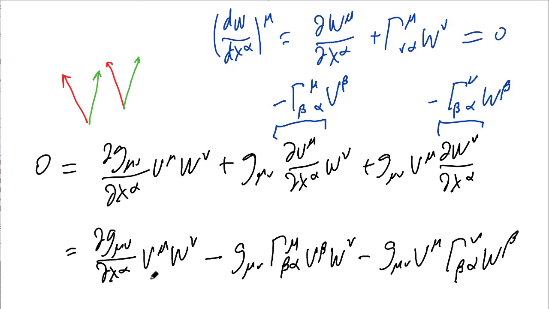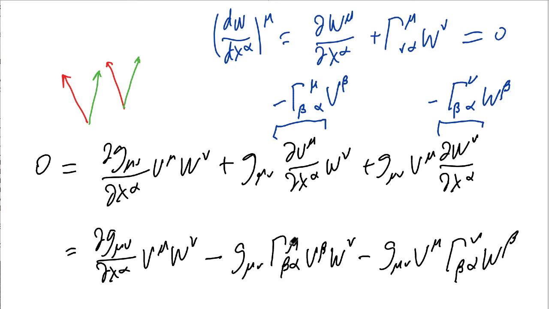Notice I have a common factor of v and w in each of these terms, and I'd like to factor those out. But before doing so, I need to make sure the indices line up. So here we have indices mu and nu on v and w. Here it's beta and nu. So let me change this beta to a mu, but I'm already using mu here, and I don't want to confuse these sums.